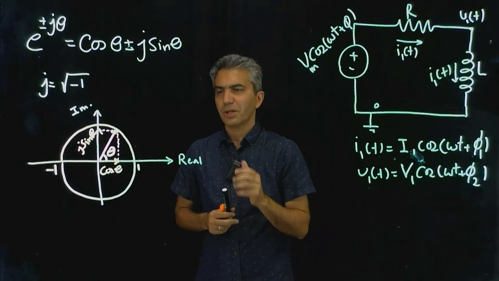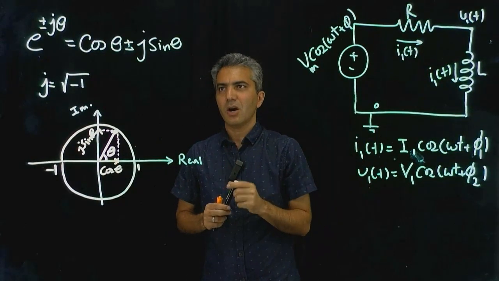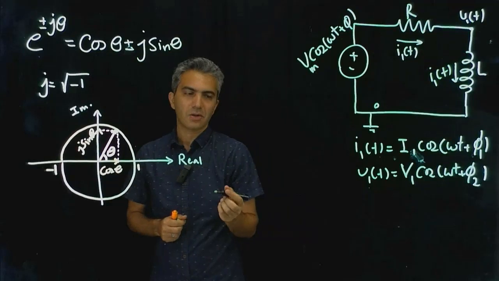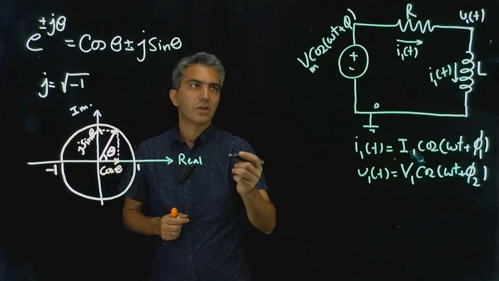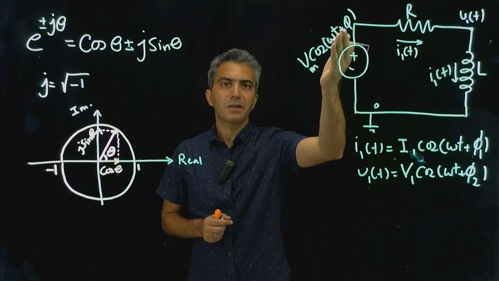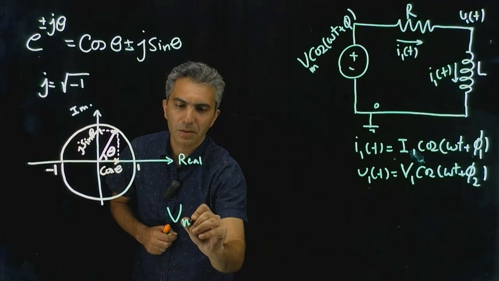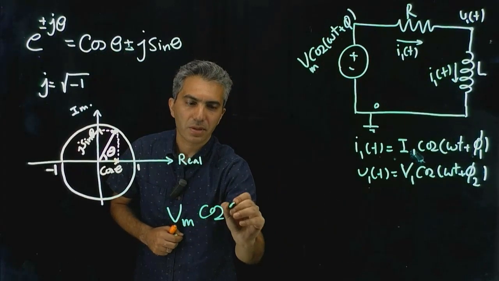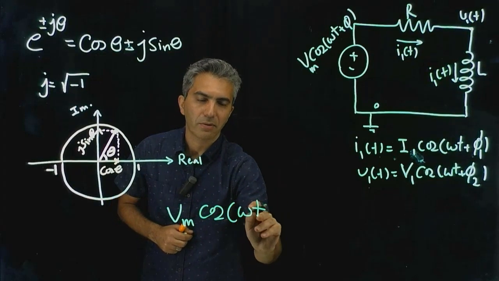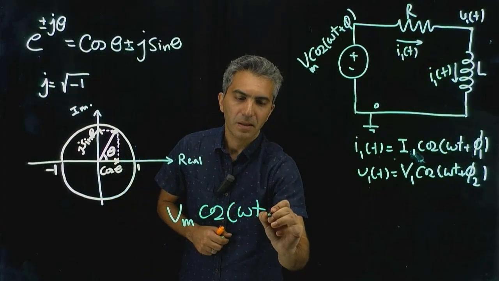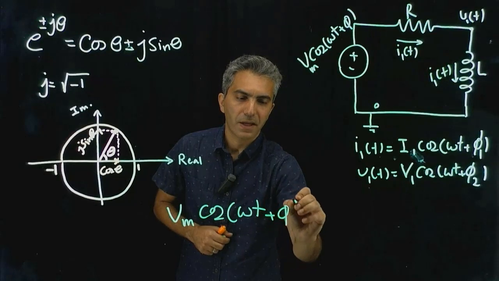Okay, so we're going to define this concept that is called phasors. The general form of a sinusoidal signal, we said, is an amplitude multiplied by cosine of omega, angular frequency, times time, plus a phase.